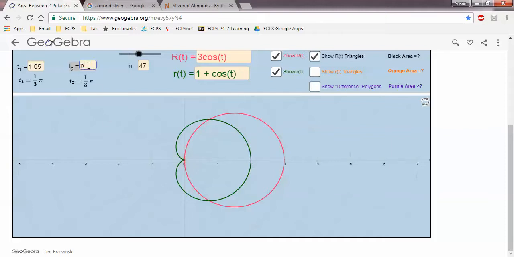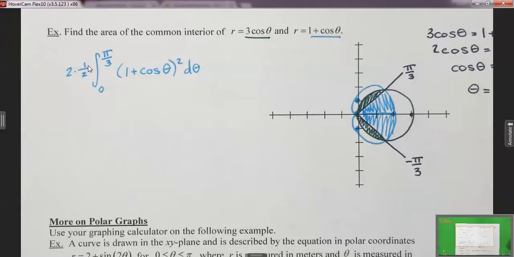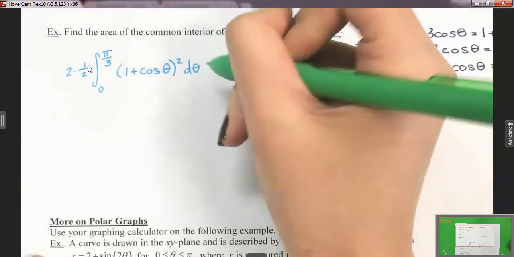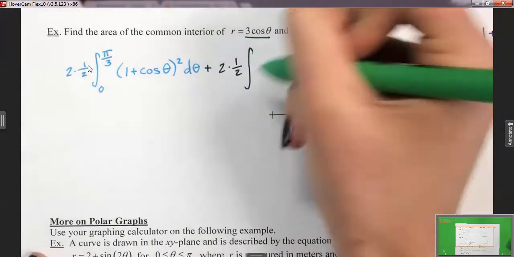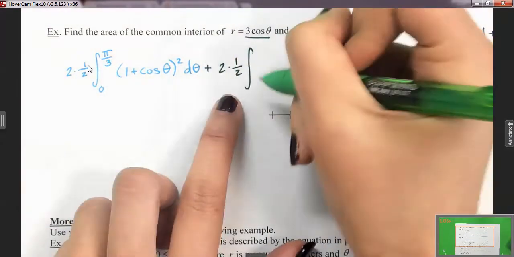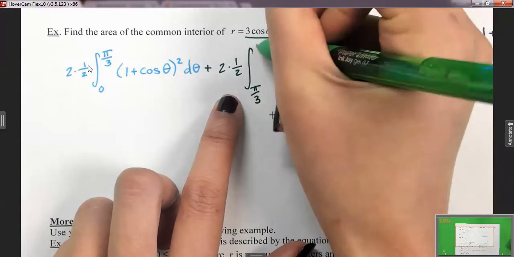You can also look at it in terms of slivers. So pi over 2, and then I need 2 almonds, so we double it. I'm going to put a 1.5 in front so you don't forget that it's doubled. So we go from pi over 3 to pi over 2.